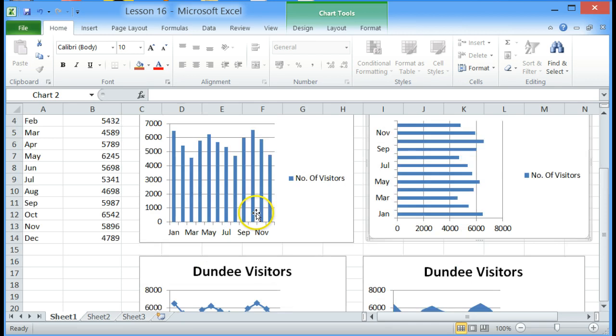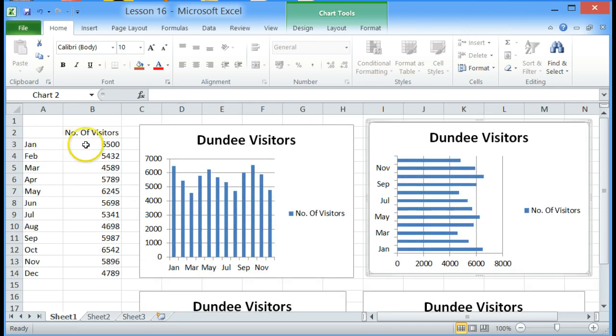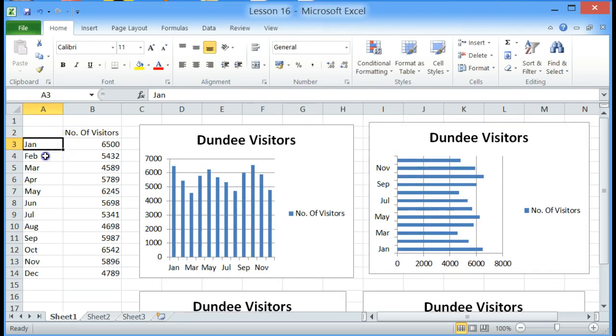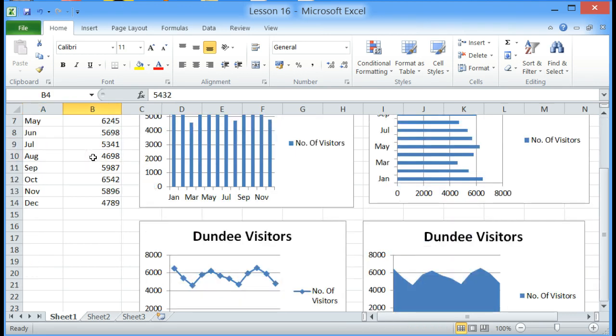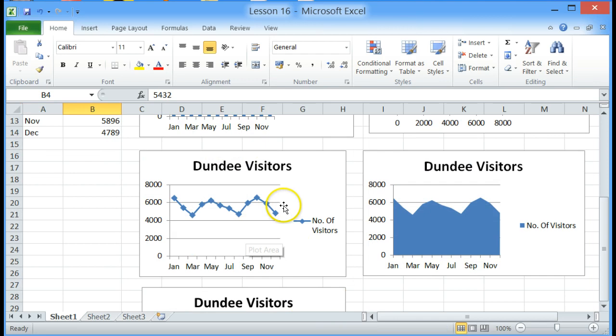The data that we have available is month-wise. January 6,500, February 5,432, and the line chart and the area chart basically makes it seem as if the data is continuous.